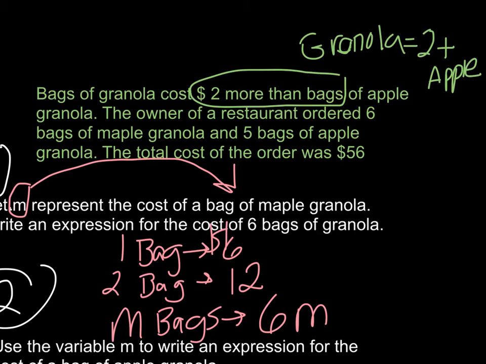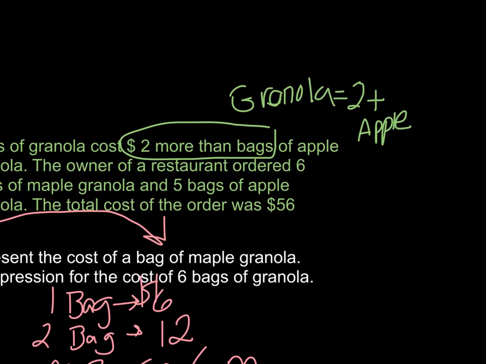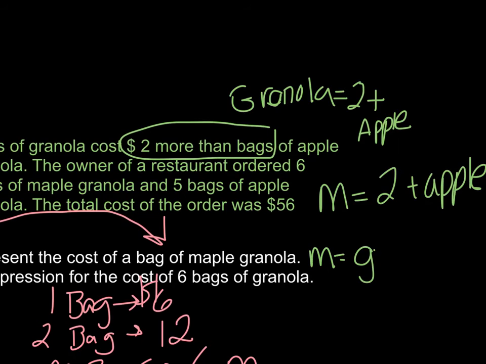Okay, well, we know that granola is represented by M, because M represents the cost of granola. So instead of granola, I'm going to write M is equal to 2 plus apple.